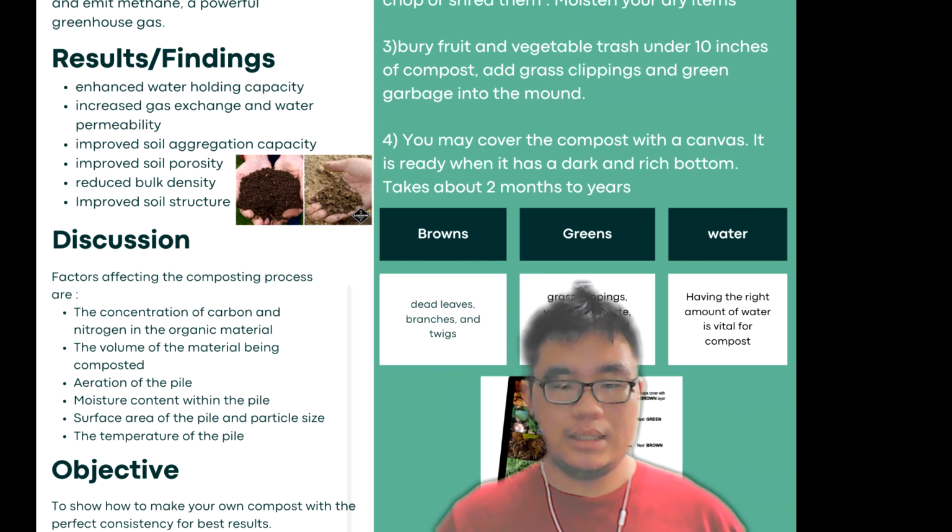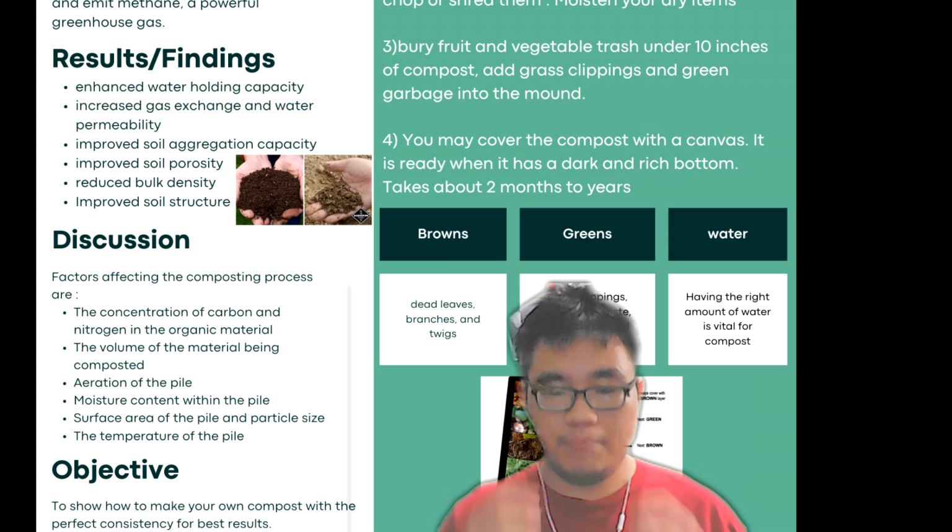If the moisture is at a lower level inside the pulp, the activity of the microorganisms inside the compost will become limited. And if the moisture is at a very high level inside the pulp, it may cause the process to become anaerobic, and it may produce a very bad smell.